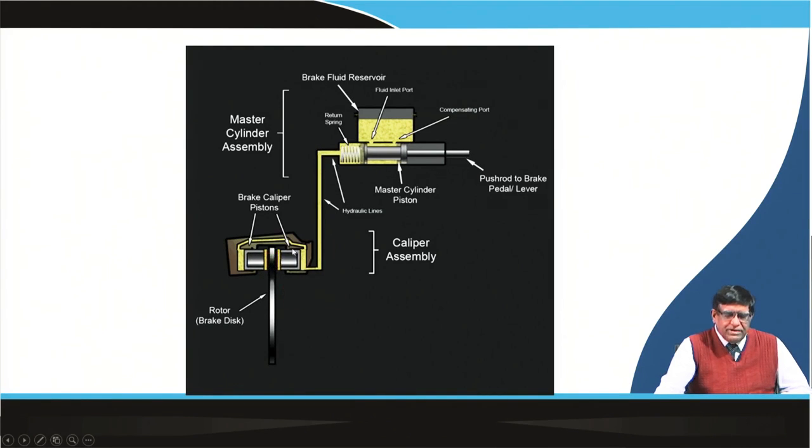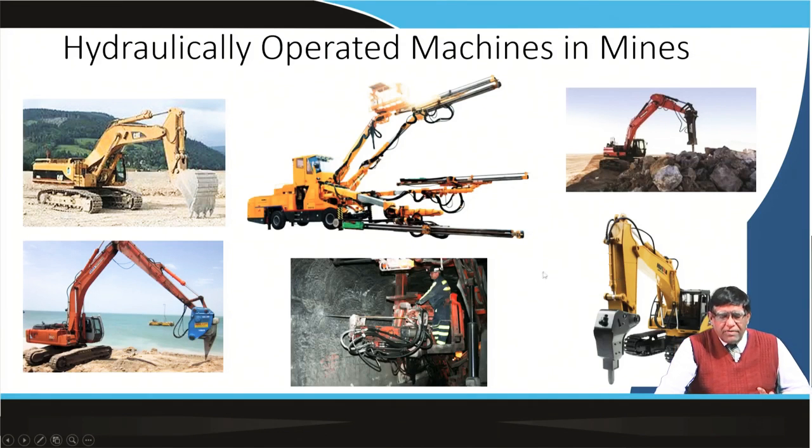Where you have the brake calipers, they hold the rotary plate by which the wheel gets power for rotation; it is stopped there and you apply the brake. So this type of system is available, and it is used in most of our mining machinery.